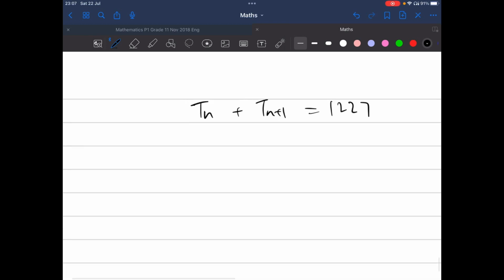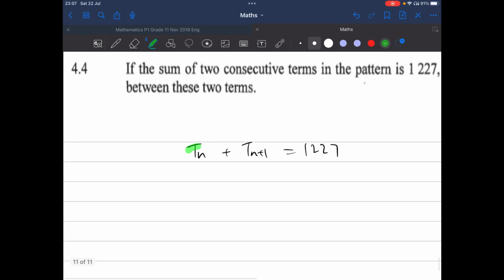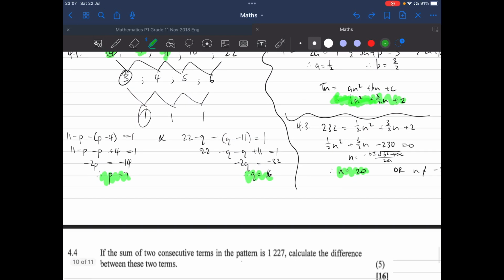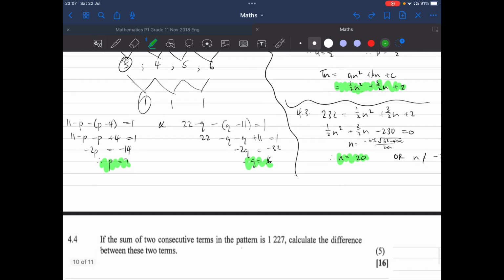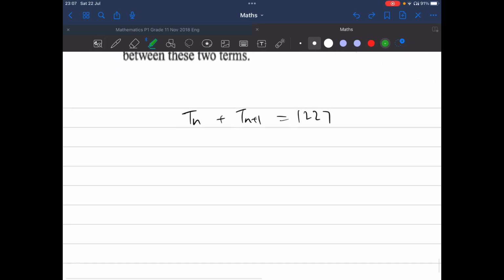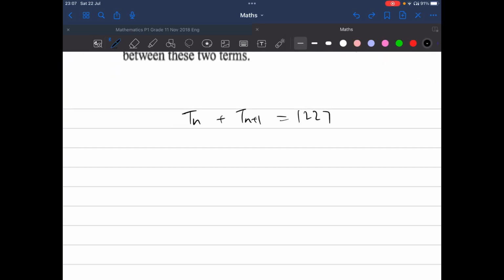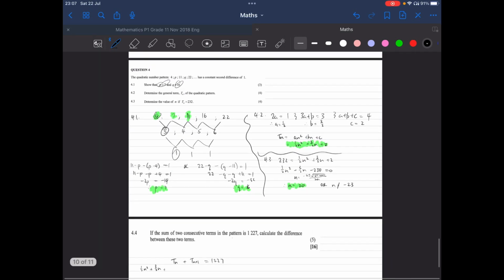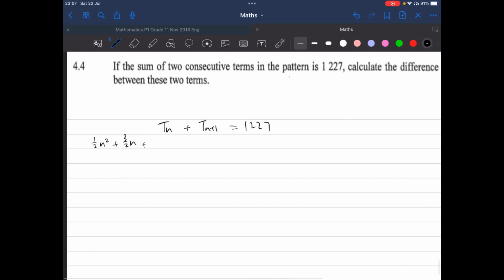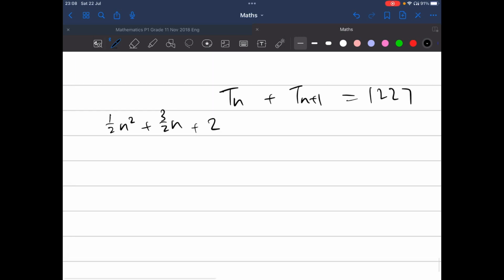Okay, now we have equations for this here. We know what Tn is. We calculated it here. Okay, so in place of Tn, I'll put in my equation, which was half n squared plus 3 over 2n plus 2. Okay, so that's for Tn.